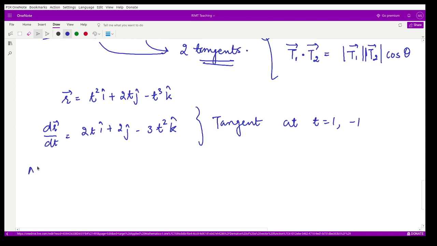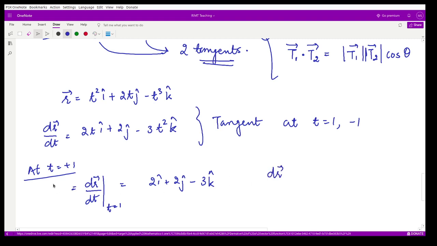So at t is equal to plus 1, dr by dt would be equal to 2i cap plus 2j cap minus 3k cap, right? And this is your vector t1. And what is your vector t2? This is dr by dt evaluated at the point t is equal to minus 1. So this is equal to minus 2i cap plus 2j cap minus 3k cap.